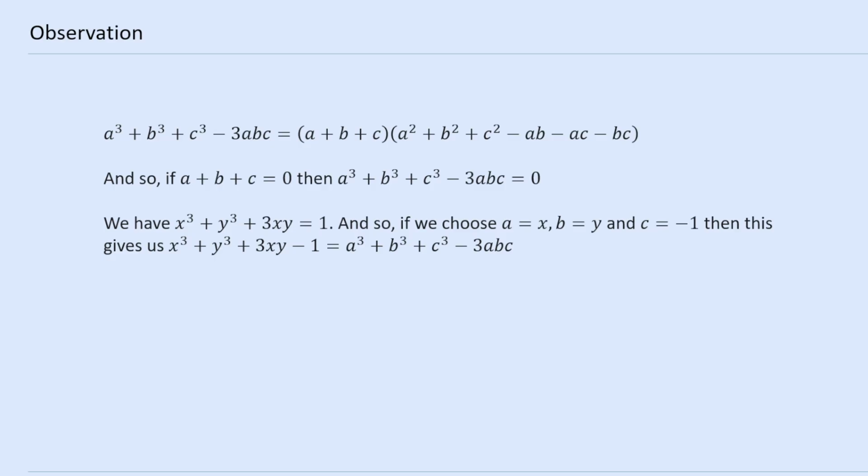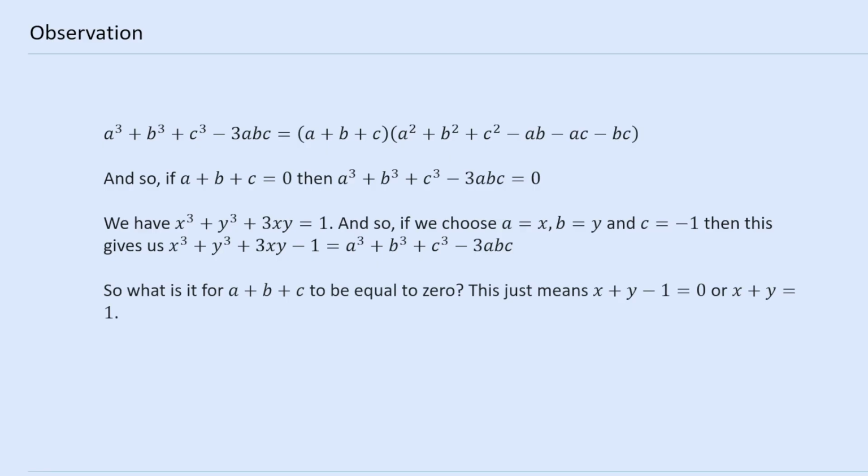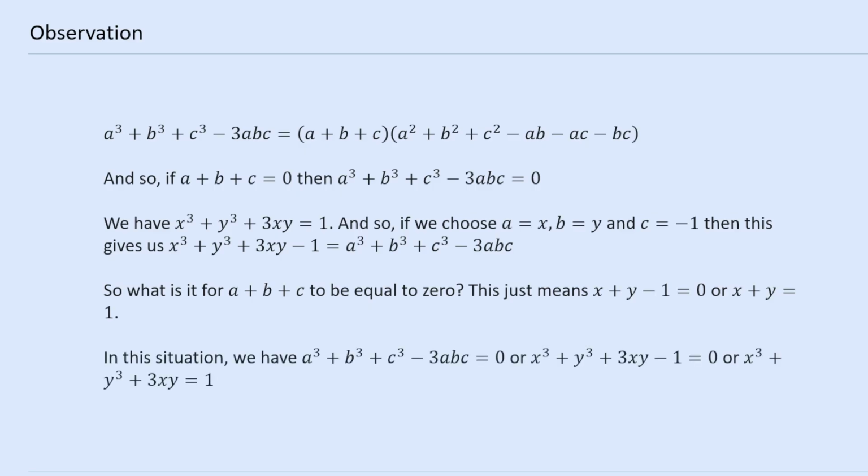We can write x cubed plus y cubed plus 3xy minus 1 as a cubed plus b cubed plus c cubed minus 3abc. What that tells us is if x plus y minus 1 is 0, or x plus y equals 1, then a plus b plus c is 0, which lets us know that in that situation x cubed plus y cubed plus 3xy minus 1 is 0.